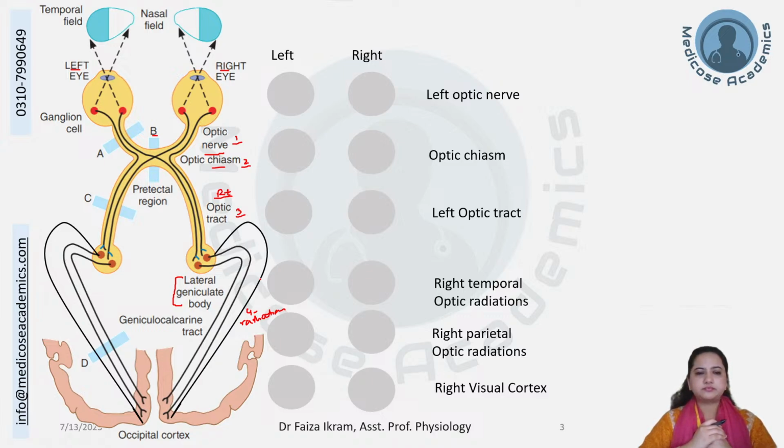What happens? The fibers from the lower part of the retina, that is representing the upper field of vision, move through the temporal lobe and end in the visual cortex at the lingual gyrus.